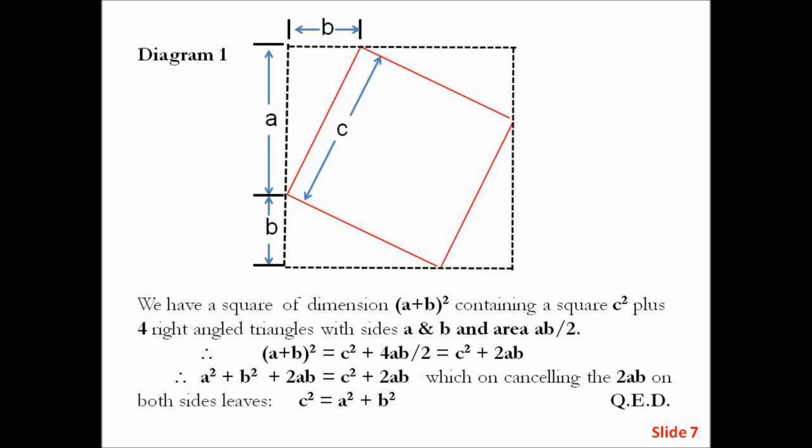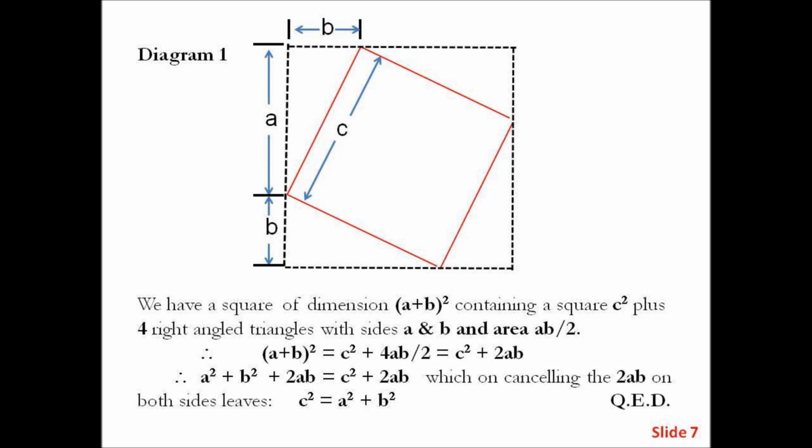Diagram 1. We have a square of dimensions (a+b)² containing a square c² plus 4 right-angled triangles with sides a and b and area ab/2. Therefore, (a+b)² is equal to c² + 4ab/2, which is equal to c² + 2ab.